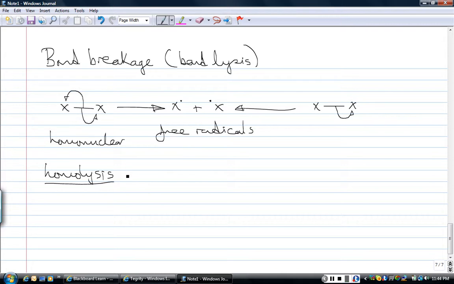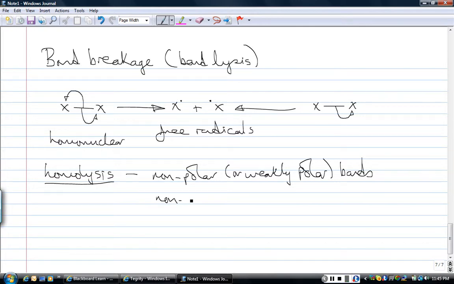Homolysis actually happens to be encouraged by having bonds that are non-polar, or weakly polar bonds. It's encouraged in non-polar solvents or in the gas phase, and it's encouraged by heat and by light.